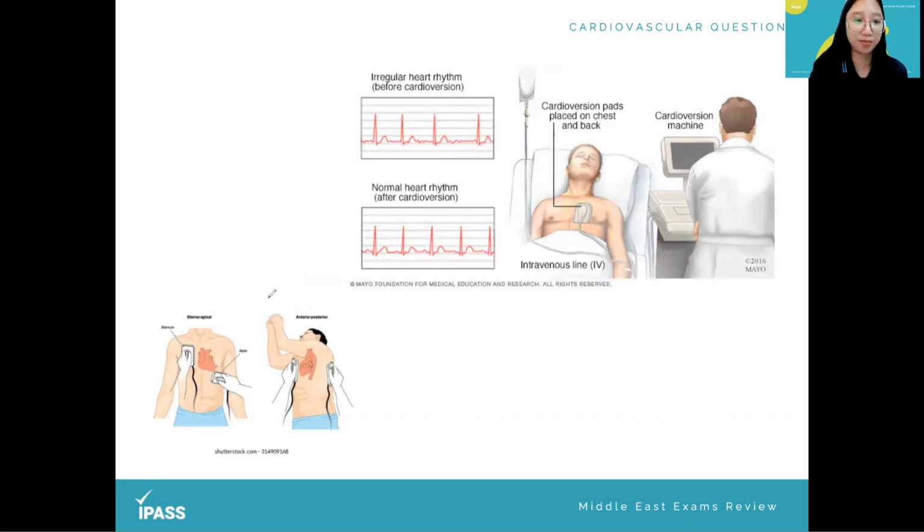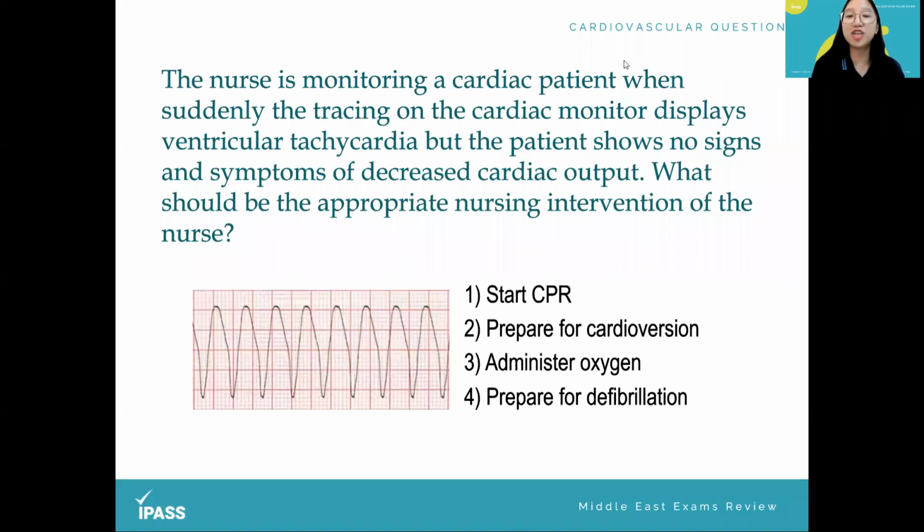All right, let's go back here. If you're going to prepare for cardioversion, this is not the best possible answer for this question, because again, the patient has no signs and symptoms.